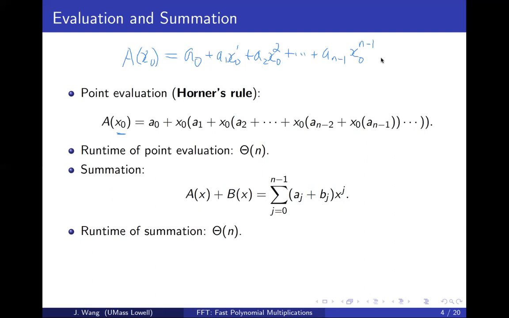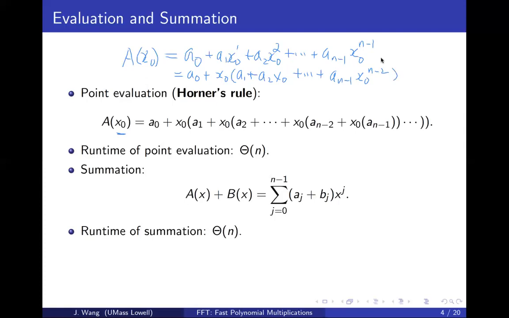So this then is equal to a0, and we take x0 out, then we get a1 plus a2 x0 plus a_{n-1} x0 to the n minus 2.